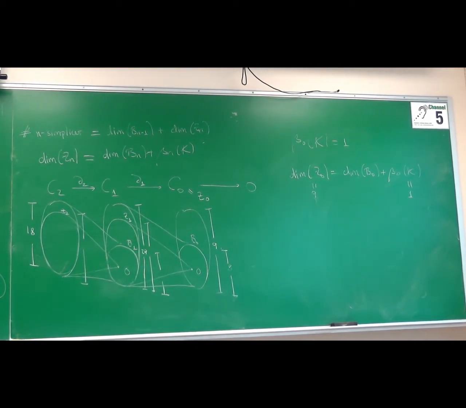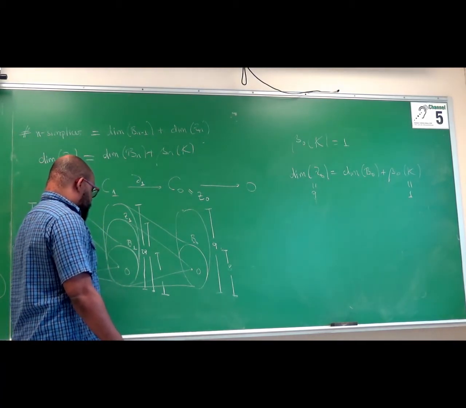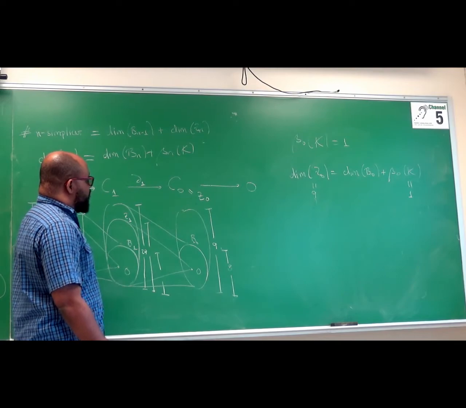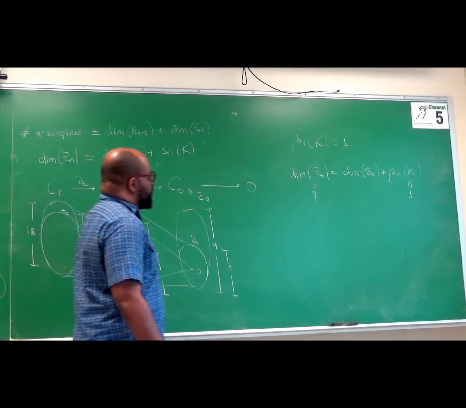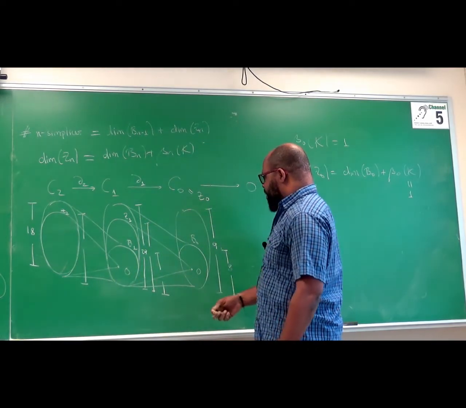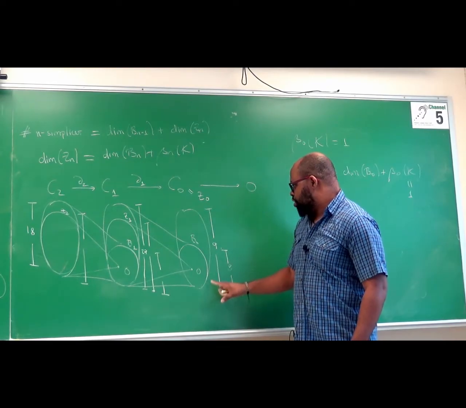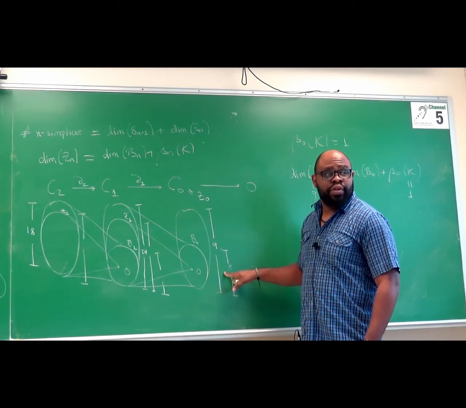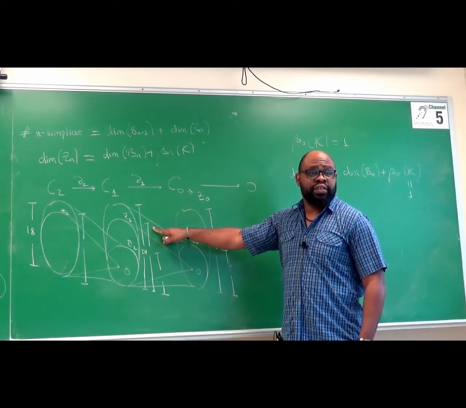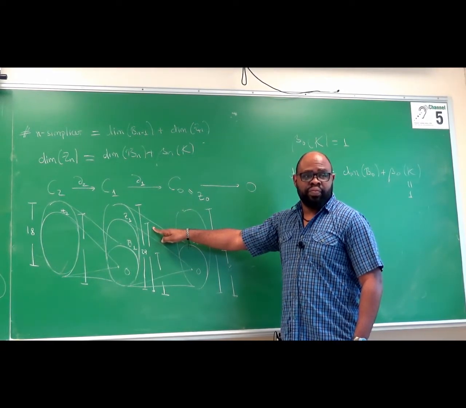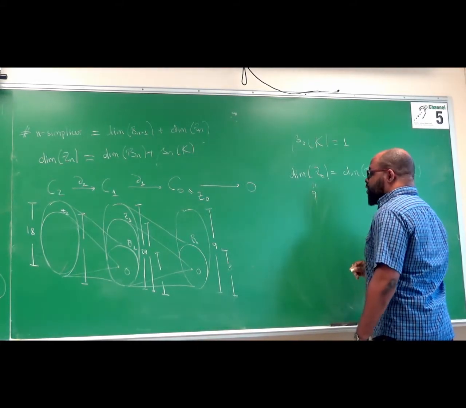Now let's see here if now we can do something. Of course we can. Now I have the dimension of this guy and the dimension of its image, right? So rank nullity should be able to tell you what the kernel is. So that's the first relation.